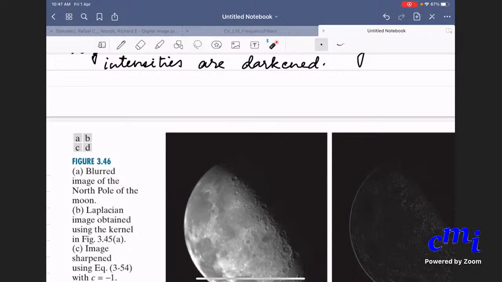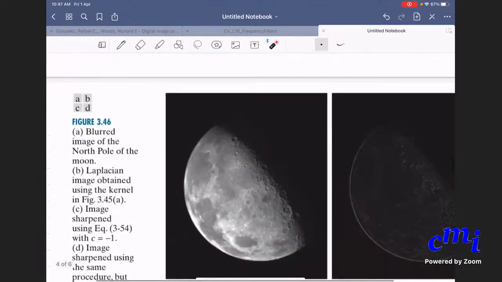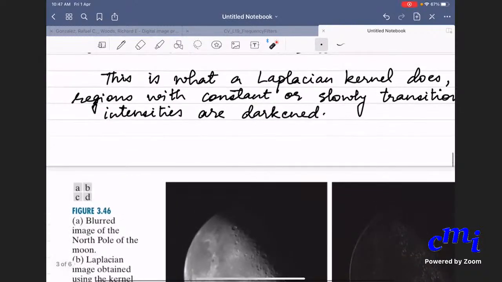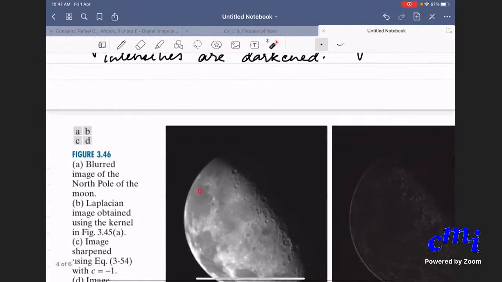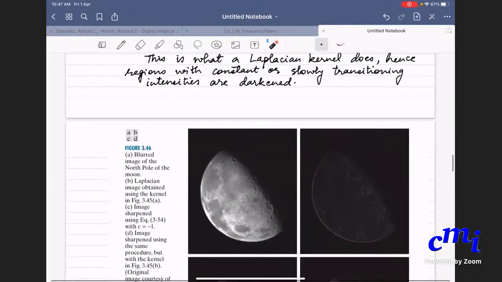So essentially, if the sum of the entries of the kernel is 0, then over an area of constant or slowly varying intensity, the result of that kernel will be darker pixels. That is something to note in general, and in particular, this is why the Laplacian is looking like this.